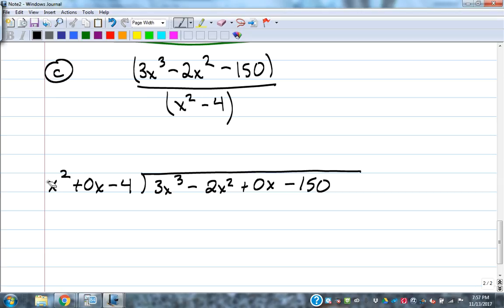Okay. Now we look at the front. What times x squared gets me 3x cubed? 3x. So I need a 3x. So I put that over the x column. And then I distribute. 3x times x squared is 3x cubed. 3x times 0x, that's easy, it's 0x squared. 3x times negative 4, negative 12x. Parentheses.